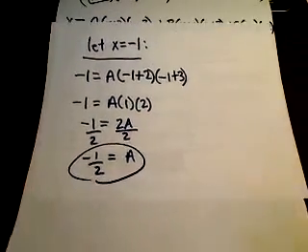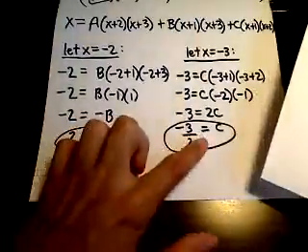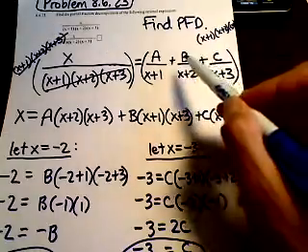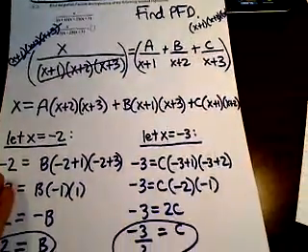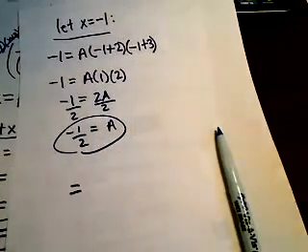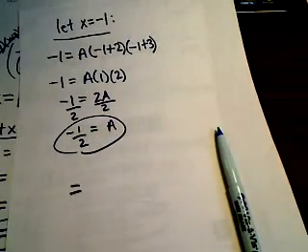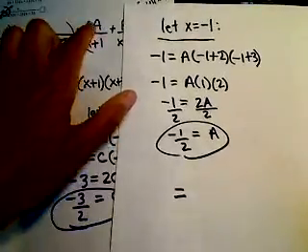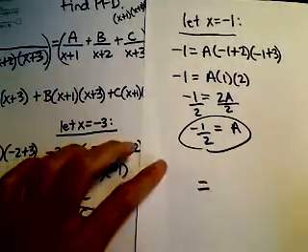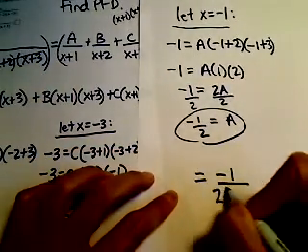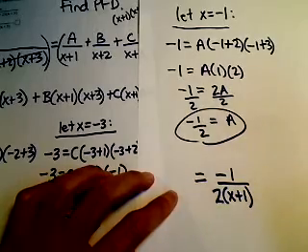Okay? So now we know we found A, B, and C, and we can plug those back into our partial fraction up here, and that will be our partial fraction decomposition. So it's A over x plus 1, and our A is -1/2, so it's -1 over 2 times (x plus 1).